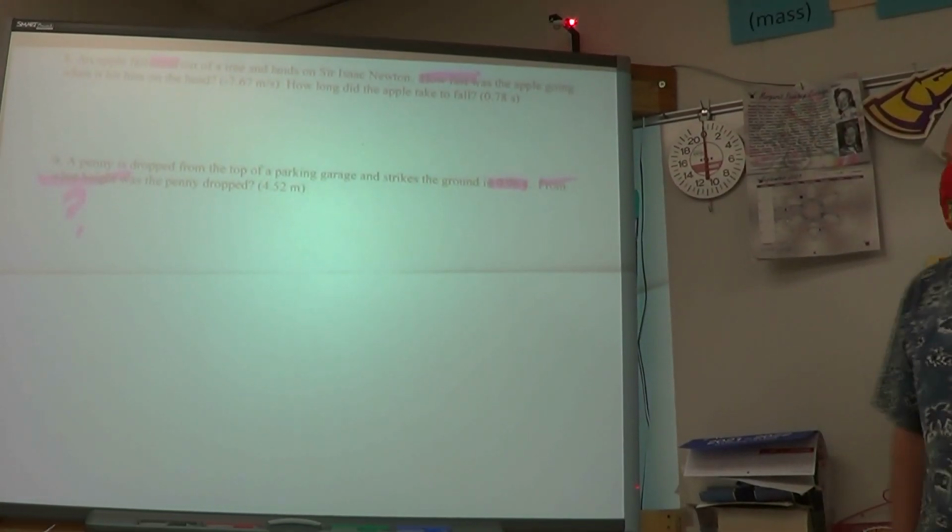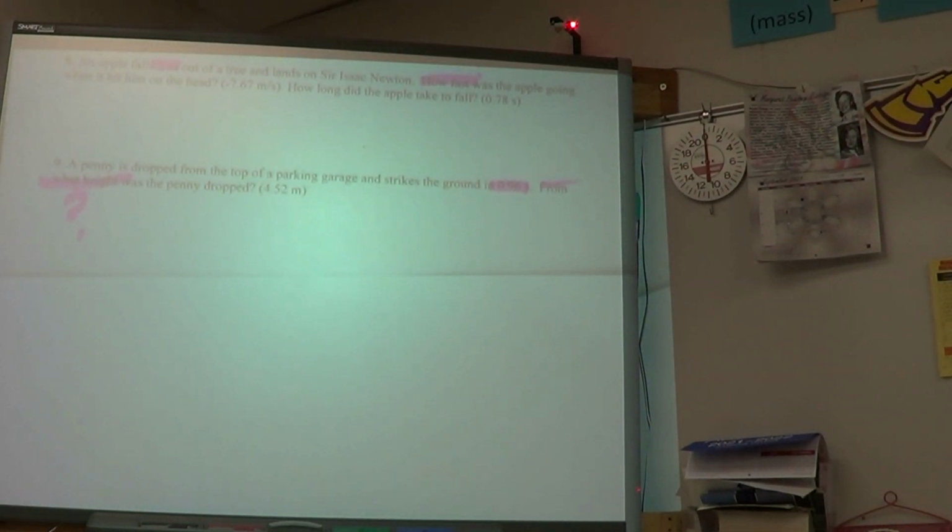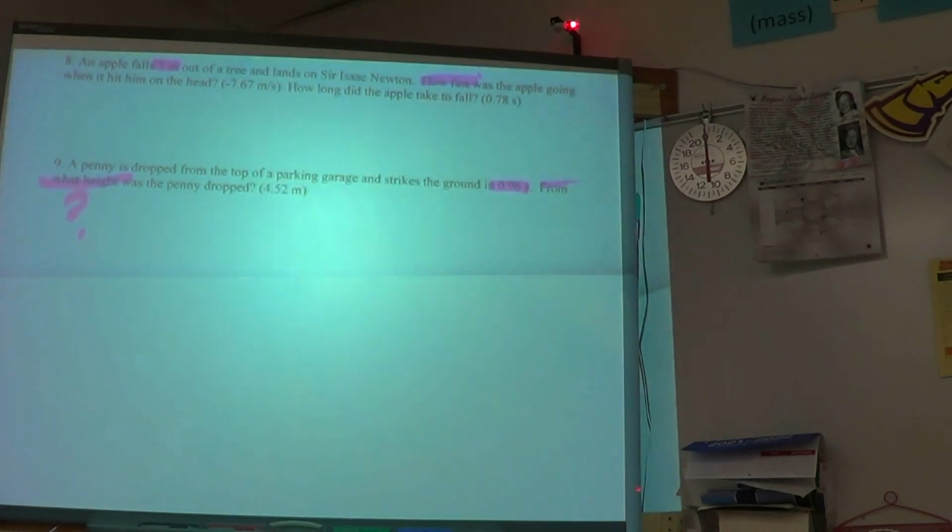From what height was the penny dropped? There's one number given, there's one question asked, and using that yellow problem type sheet, make a list of variables. If you could stop there, we can check our work to make sure we're on the right path before you keep going.